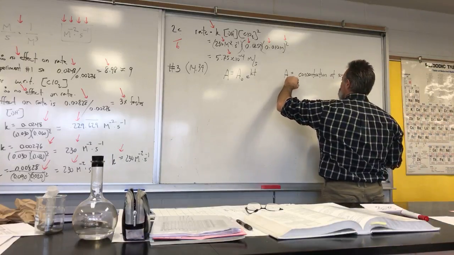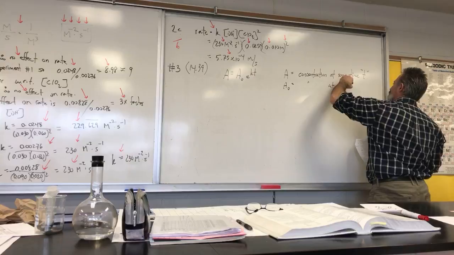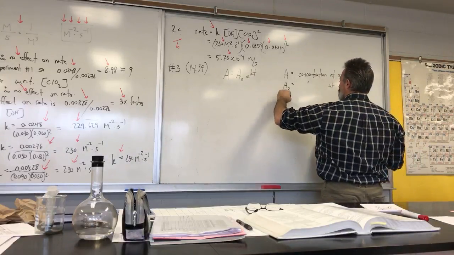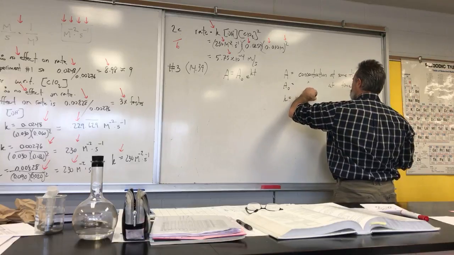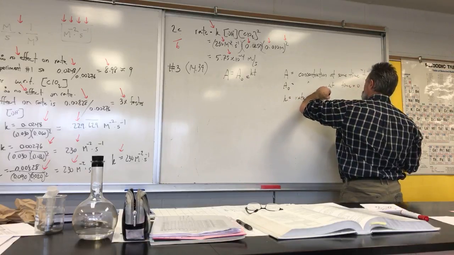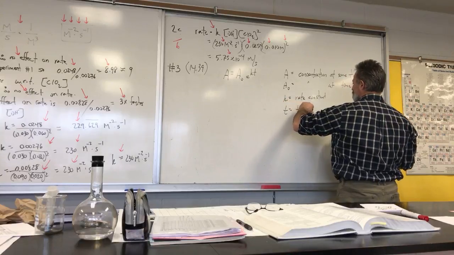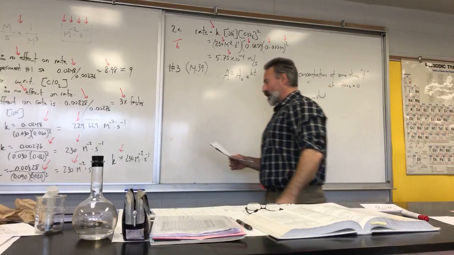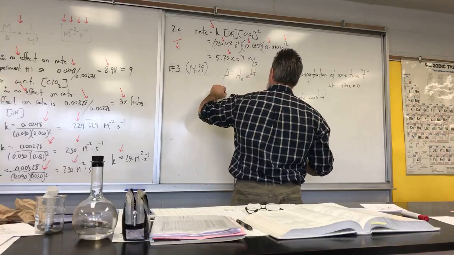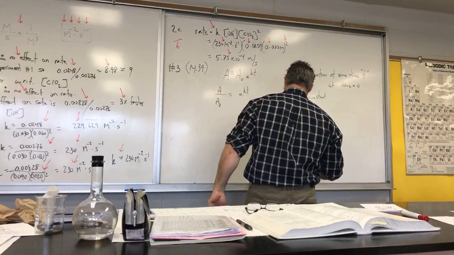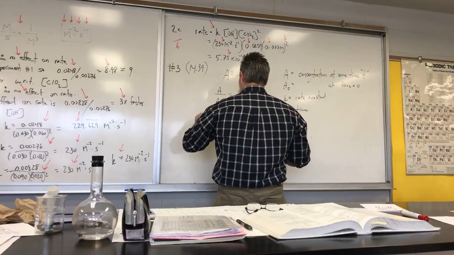A naught is the concentration at time equals 0, the beginning of the reaction. k equals the rate constant for the reaction. And t is obviously the time with the correct units used. So we rearrange this equation by transposing the A naught to give you A over A naught equals e to the kt. Plug in the values.